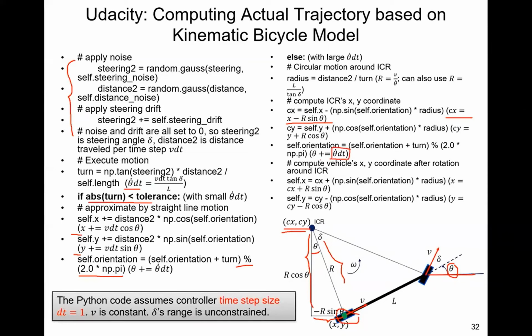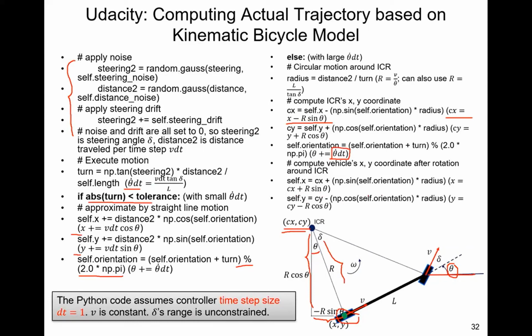So you add theta dot dt to the current vehicle heading to get the new heading. That's the orientation or heading of the vehicle. Based on the new heading, after adding the turning angle, you get a new coordinate after rotation.